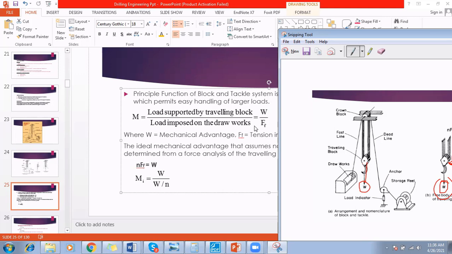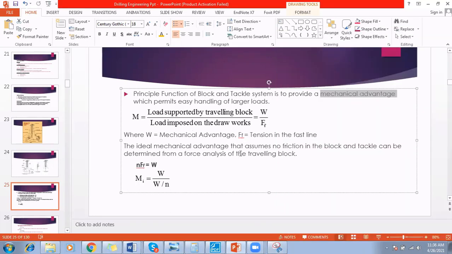Now where is the FF? FF is actually the tension or the force that is exerted on the fast line, and eventually this whole tension is exerted on the drawworks. You can see the direction, and if you take the ratio of these 2 loads, then you will have the mechanical advantage. So it is sometimes called tension as well.